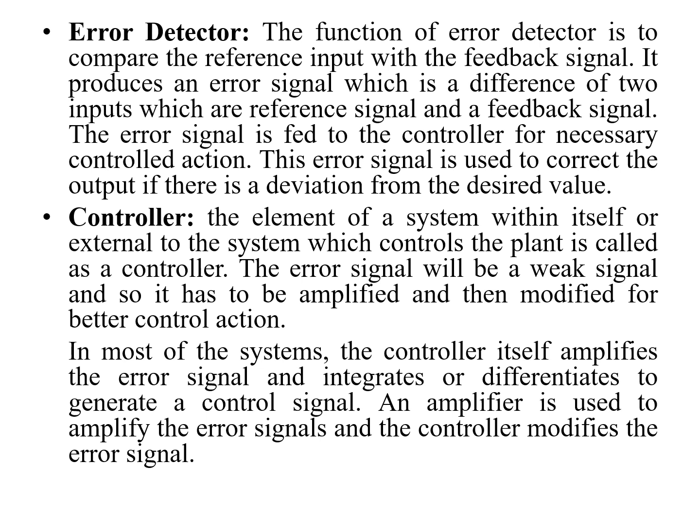The next and important part of the control system is the controller, which is considered to be the heart of the control system. This is the element within the control system, or it could be from an external system. Whatever error signal is generated from the error detector is given to the controller. This error signal will be a weak signal, so the controller has to amplify this signal and modify it for better control action.